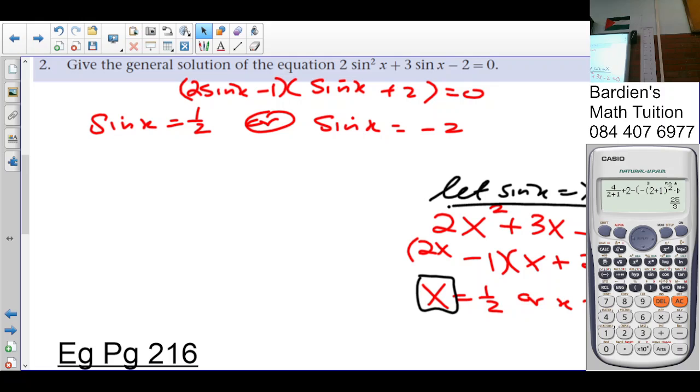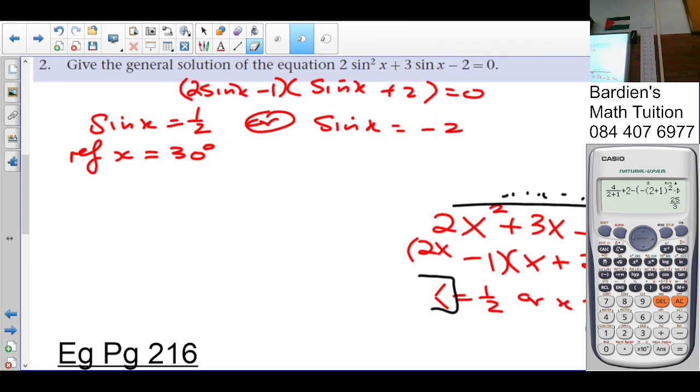So what happens from here? General solution. Not so? So what do we say? My reference angle: x is equal to, what is arc sine of half? 30 degrees. So which question comes to mind?